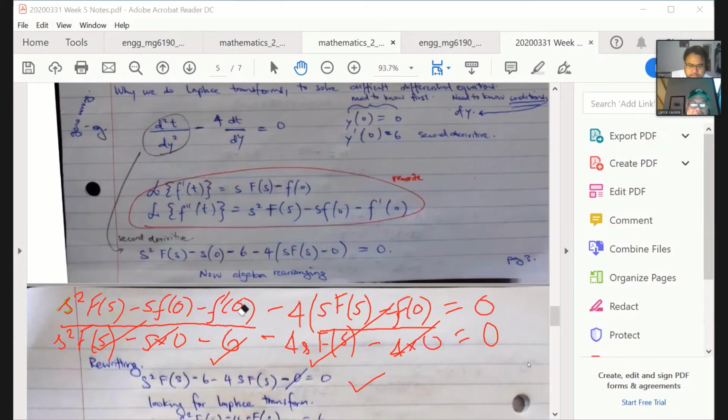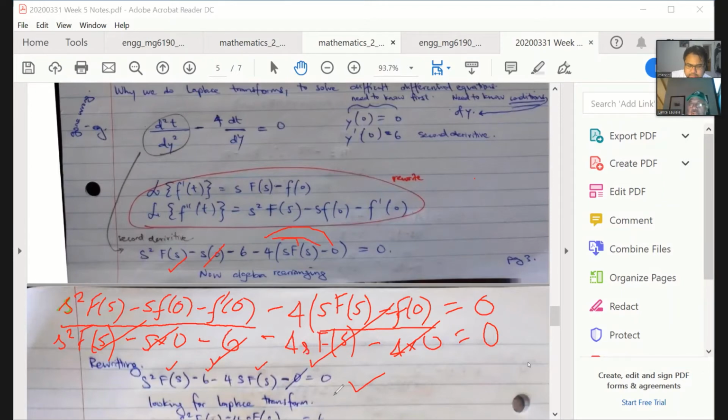I'm going back to this step here, still on the other page. Minus 6, because that's gone. Minus 4 times s times Fs. And 4 times 0, of course, is 0, so that's it.